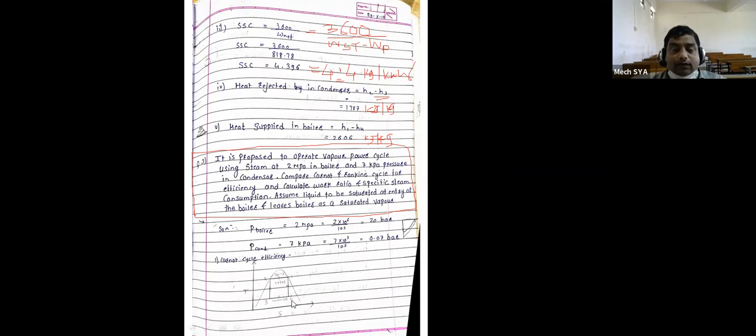Now here, the same numerical is there. It is the earlier numerical. Only we calculate: water entering the boiler is saturated liquid. They have given the ideal condition in another language. Water entering the boiler is saturated liquid, and water leaving the boiler is saturated vapor.